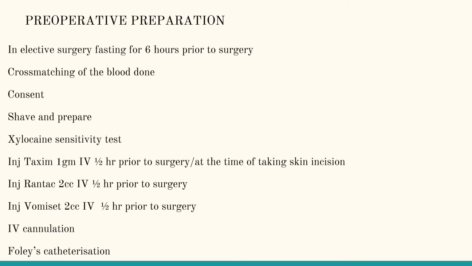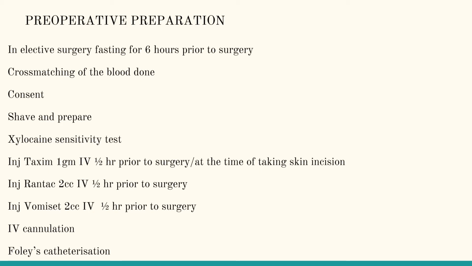In elective cesarean section, the patient is kept fasting for about 6 hours prior to surgery. Cross-matching of the blood is done, consent of the patient and the relative is taken. You shave and prepare the parts, you can clip the hair, then xylocaine sensitivity test is done.